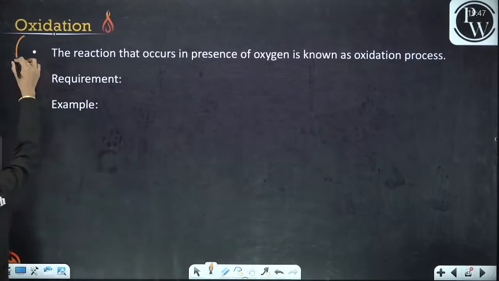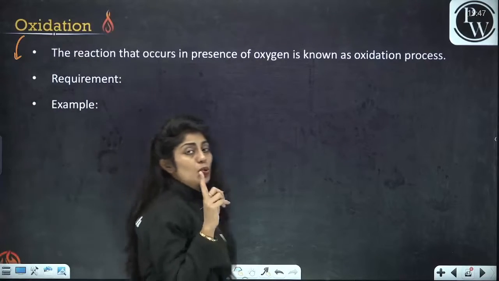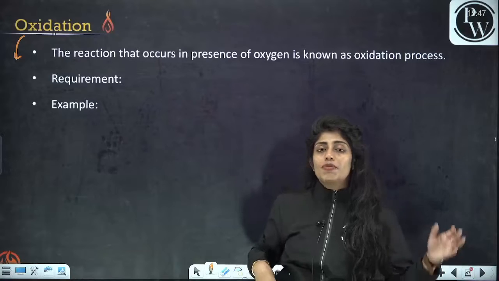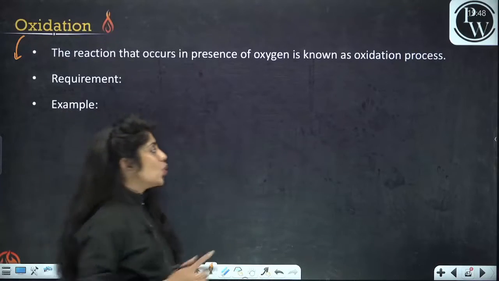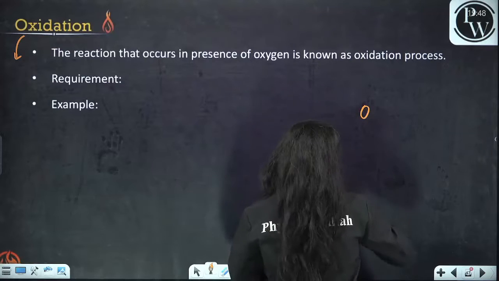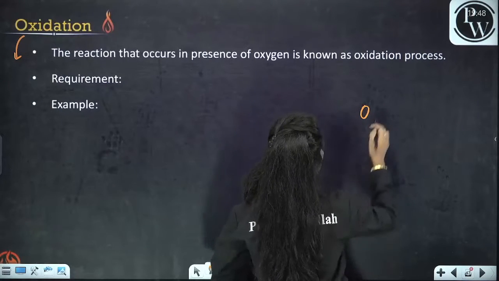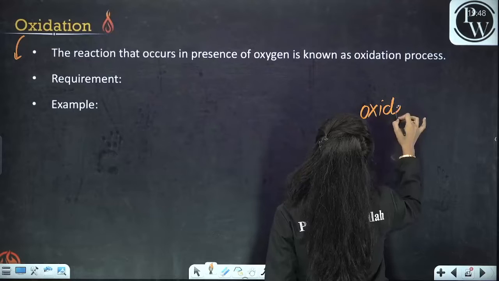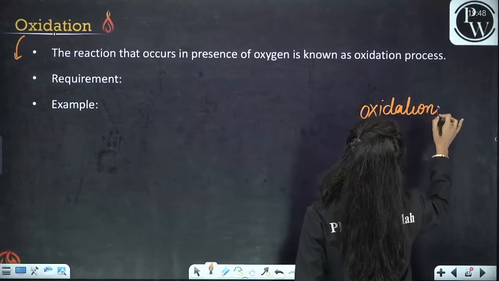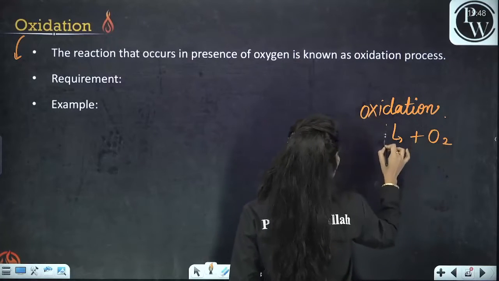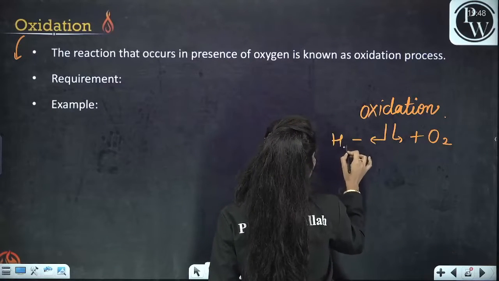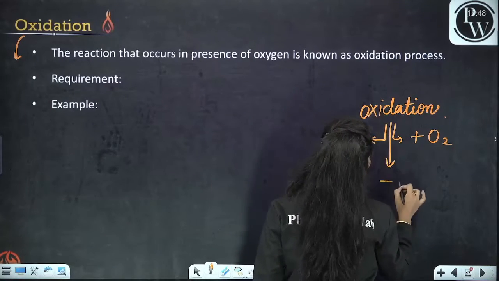Oxidation, as the name suggests, in chapter 1, chemical reactions and equations, we have discussed the redox part, reduction and oxidation. So oxidation stands for addition of oxygen, removal of hydrogen and removal of electrons.